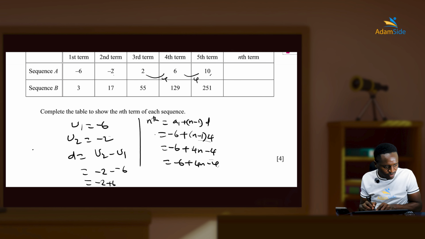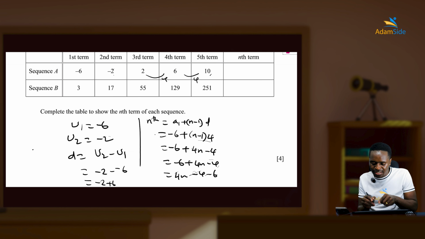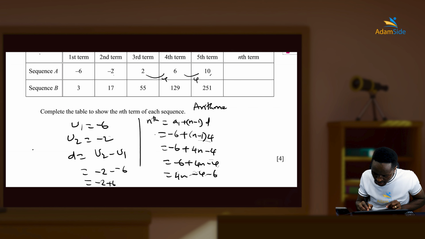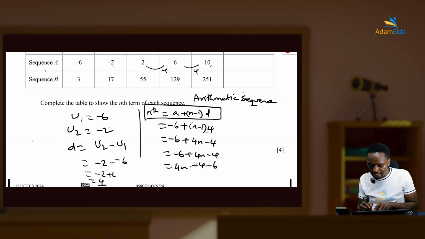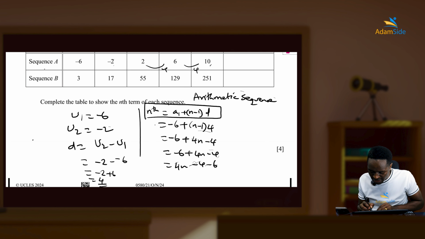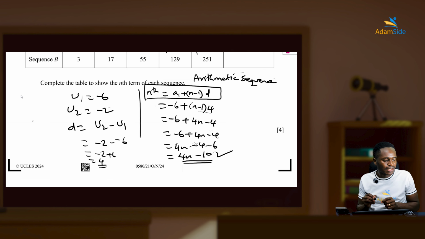Collecting like terms, 4n minus 4 minus 6 gives 4n minus 10. This becomes your answer: 4n minus 10.